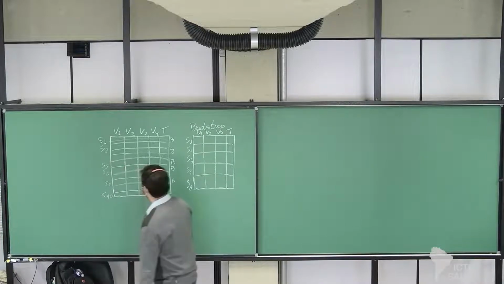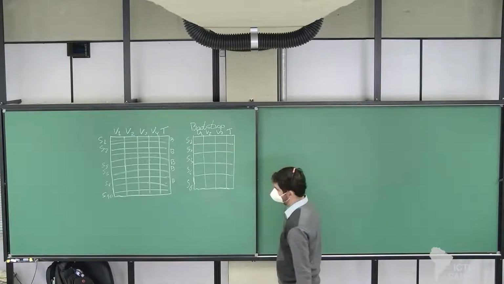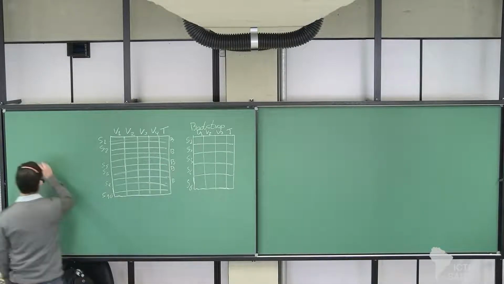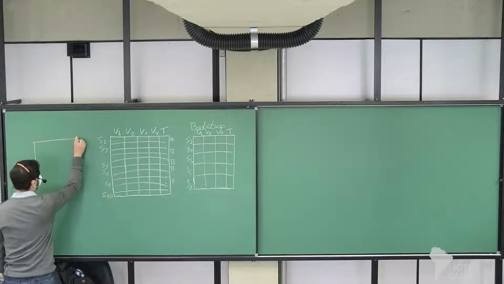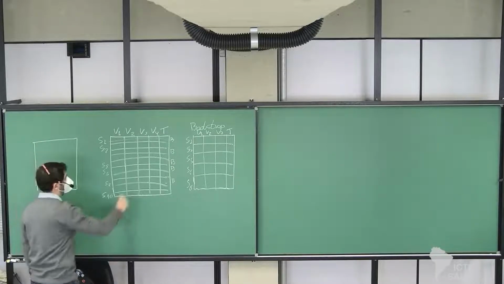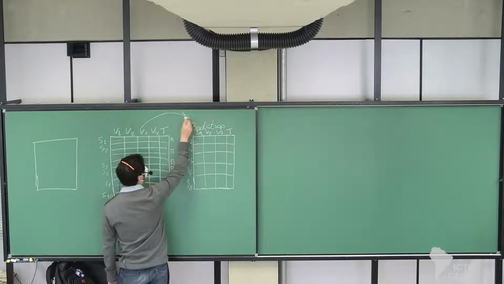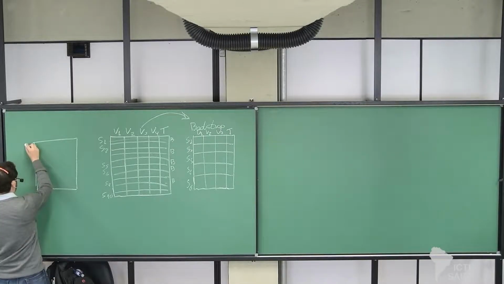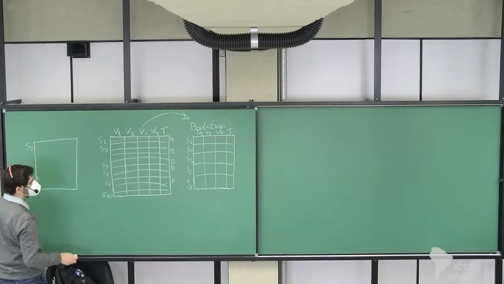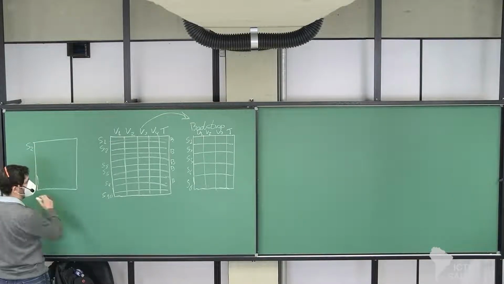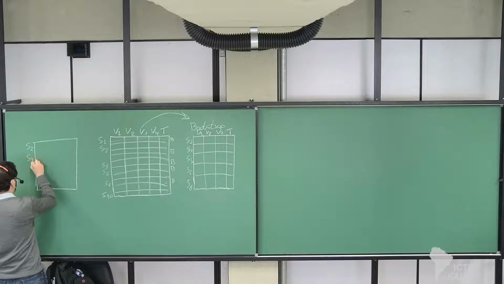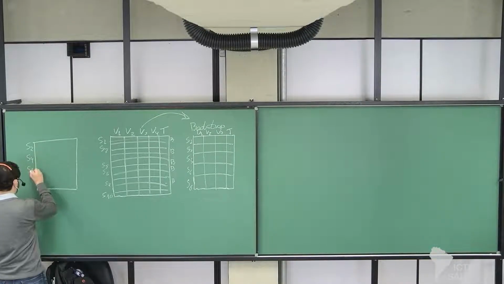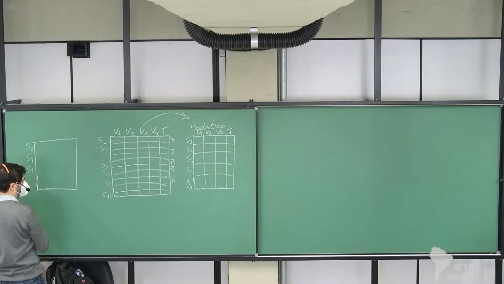So all the other samples form the out-of-bag sample. So here is the Bootstrap, and the out-of-bag sample will be sample 2, sample 4, sample 7, sample 9, and 10.